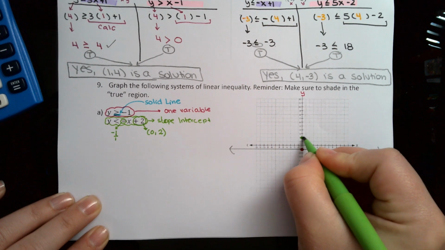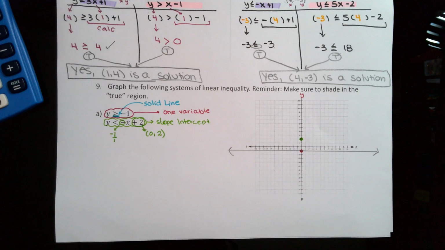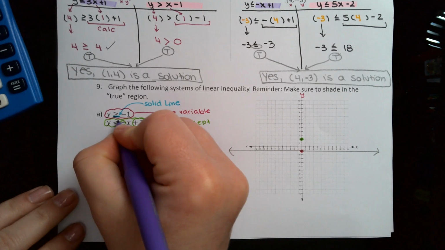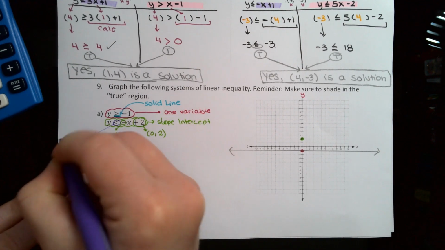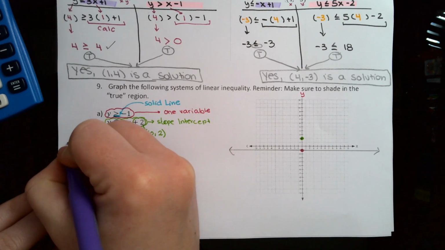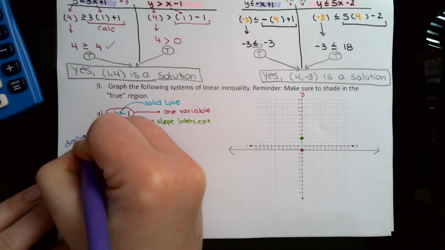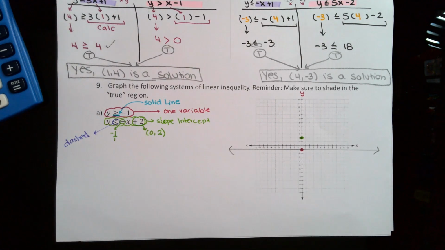So I'm going to find 2. Here it is. And I have a negative slope, so I'm going to go down 1 and then to the right 1. But before I do that, I need to determine, is this line going to be solid or dotted, dashed? Since I do not have the or equals, this is going to be a dashed line, or you can call it dotted, but I do want you to draw actual dashes.